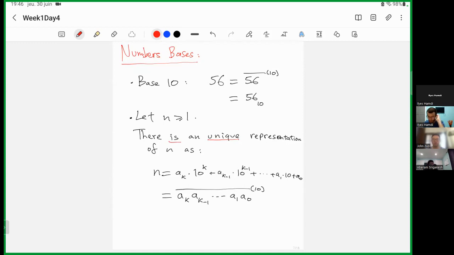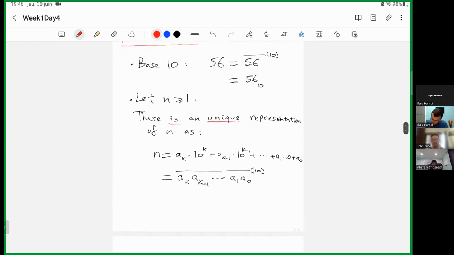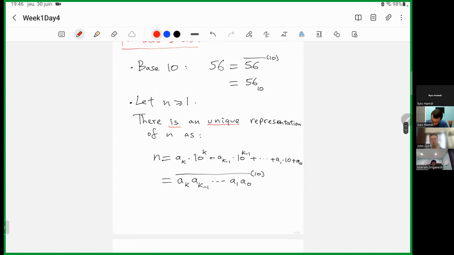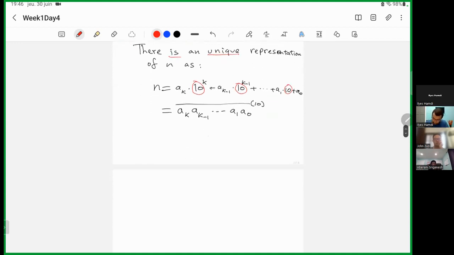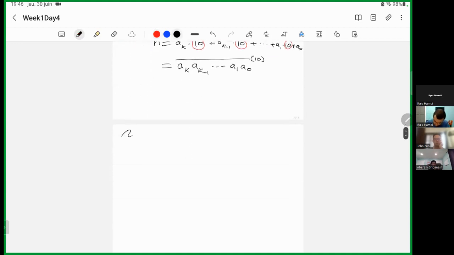So now I can write down this same definition in any base. So notice that the only thing which will change is the 10, which is here. Let me write it down. So I will write it down for base B. And B is any positive integer.